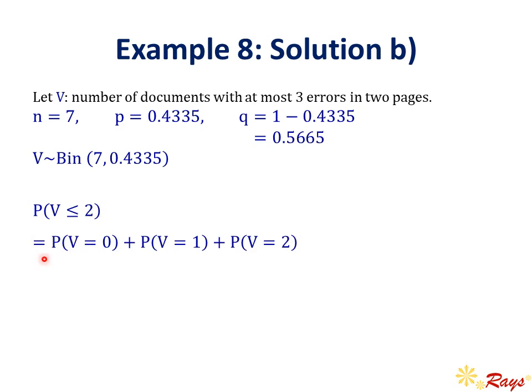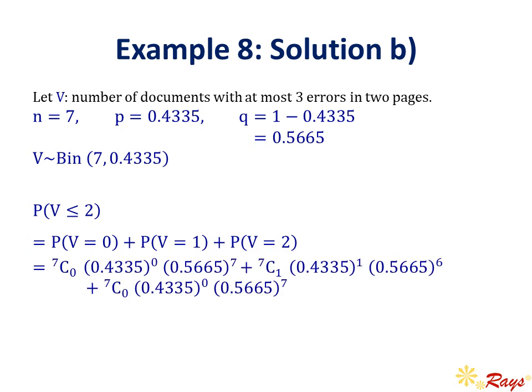Therefore we have to find the probability of V equals 0, equals 1, and equals 2. Remember the formula of binomial. Substitute the values into it, and this is our final answer.